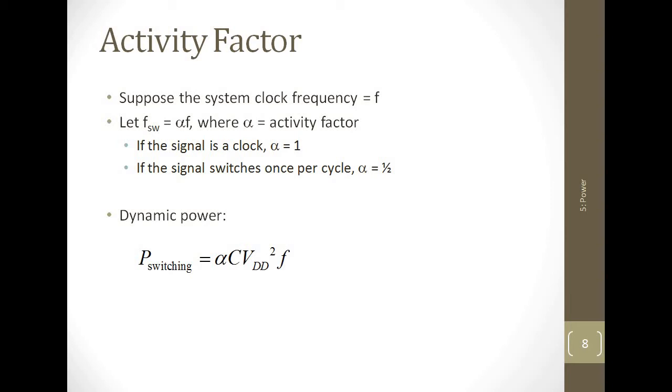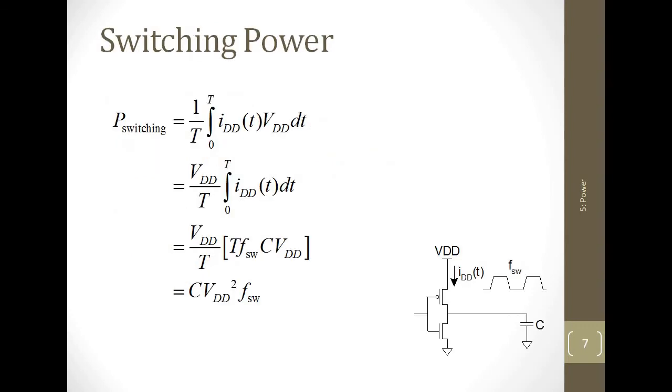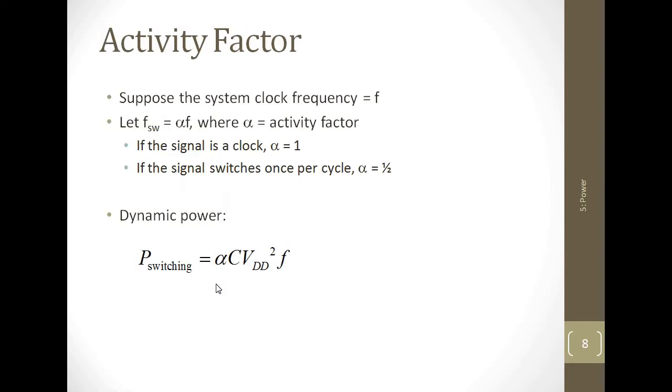As the switching changes, the activity factor alpha also changes, so your switching frequency will change. So now you might have understood that activity factor alpha is also related to calculating the switching power.